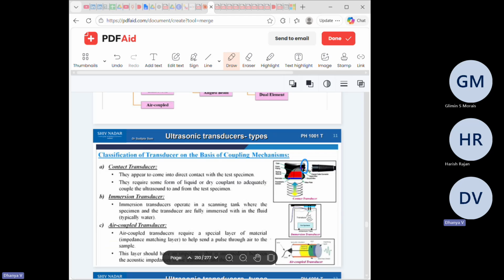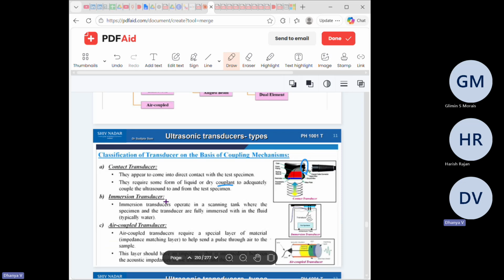So for that, you use something called a couplant. I think you should know the definition of what a couplant is also, but this is the use case of the couplant, okay? So you use a couplant so that you match the reference frequency. So if you keep it in contact, you can find the cracks if they are there.